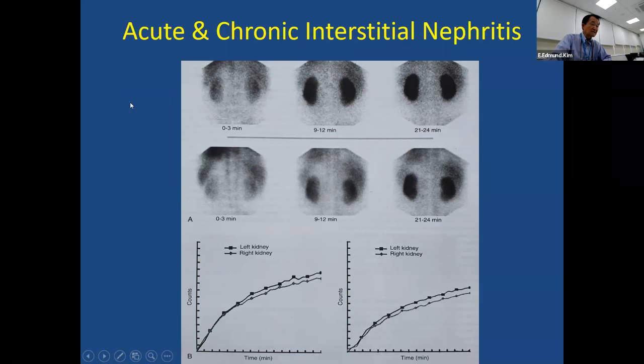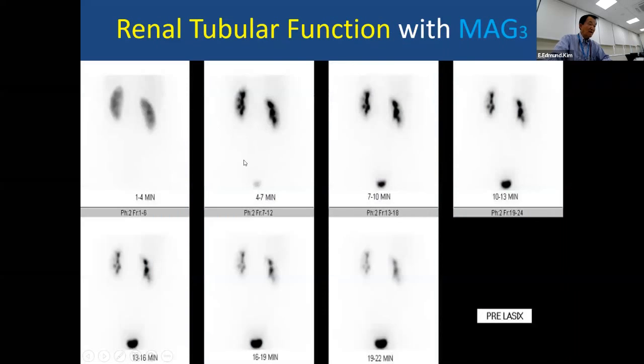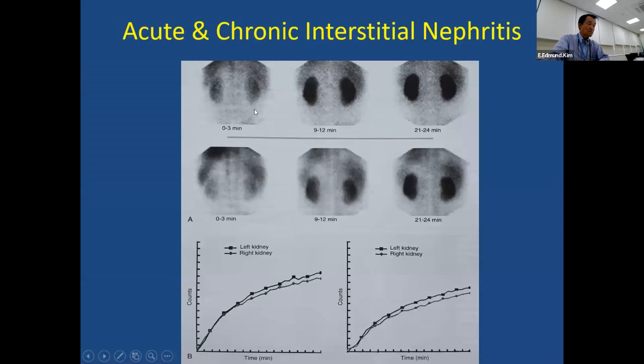It should be, as I said earlier, like by 5 minutes, it should show maximum prompt uptake and excretion into the collecting system. But here, all activity continues accumulating, building up by this one or this one, but you don't see any collecting system yet.